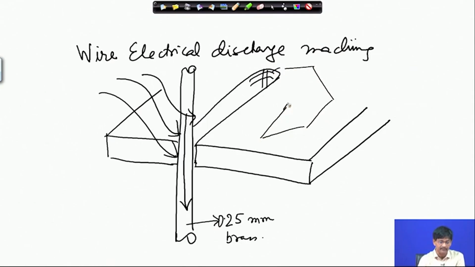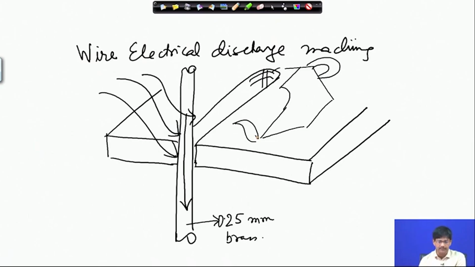You can move along any path that you want and have practically anything which you require. So, this Aladdin's lamp signifies whatever you want in two dimensions. It's available from wire cut EDM.